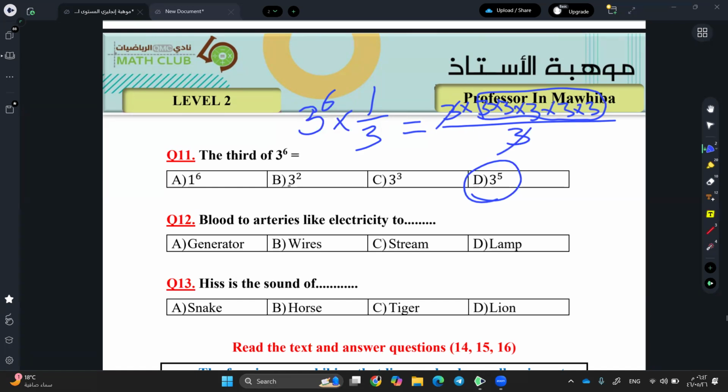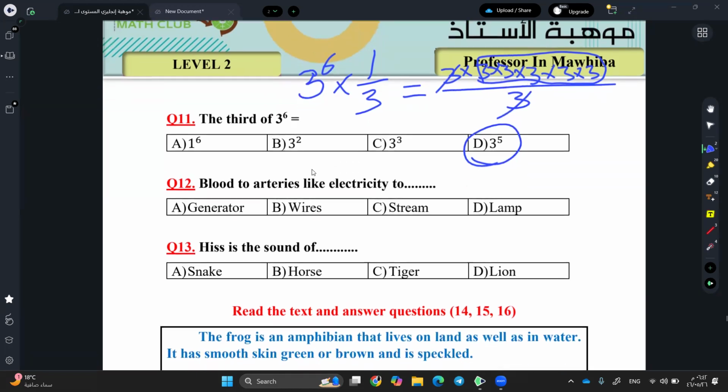Question number 12, 13. Yalla Fatima. 12 and 13. Yes, teacher. Question number what? 12 and 13. Okay. Yalla Ala, question number 12 and 13.